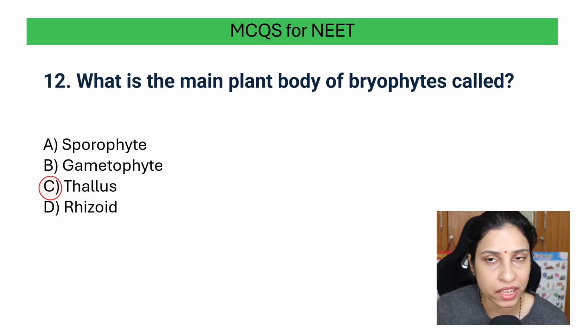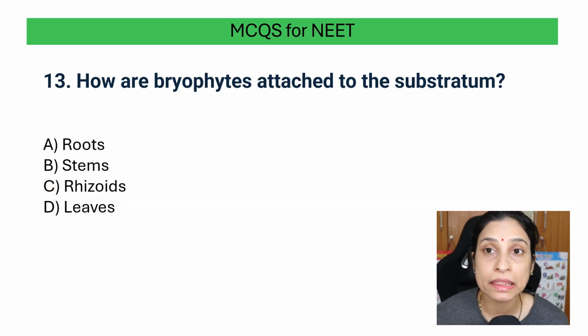If they asked about the main phase of the bryophyte's life cycle, then maybe the answer would be gametophyte. Here they are asking about the main plant body, the structure of the body. The structure of the body of the bryophyte is called the thallus.